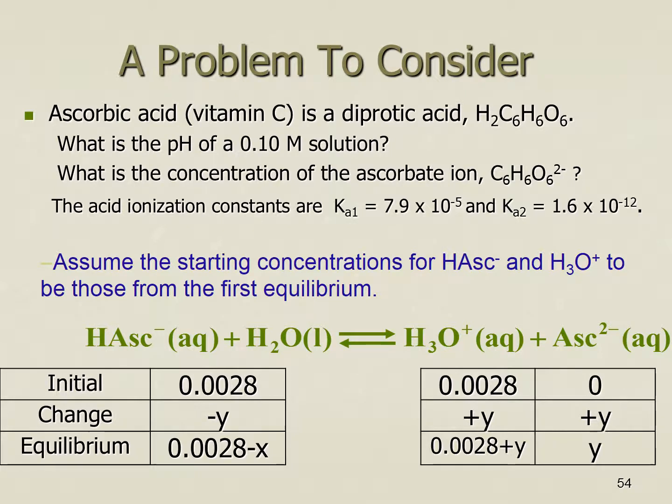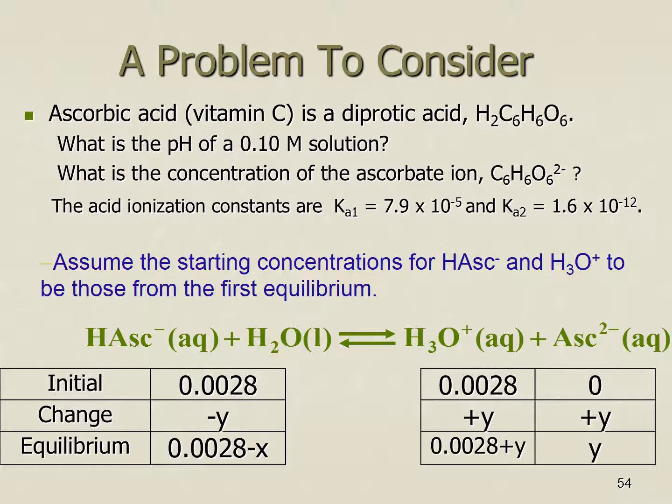Now, I do want you to notice one thing. The initial concentration of the HASC negative we got from the first part of the problem is 0.0028. Remember, that was X, and that was actually a product from our first reaction. We also know that the H3O plus concentration is also 0.0028 after that first step, because remember, both of those were on the product side and they were each equal to X, which was 0.0028.